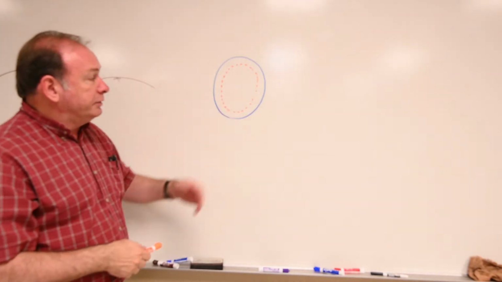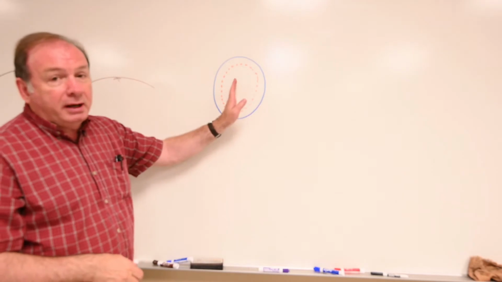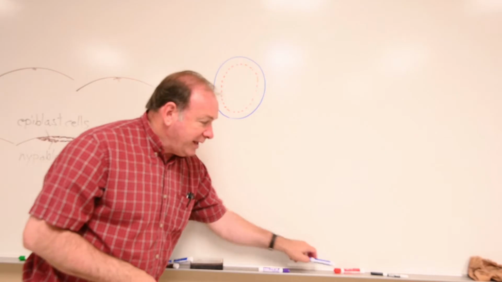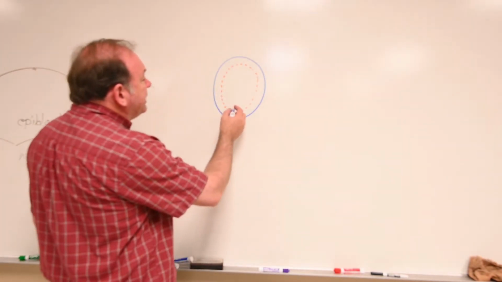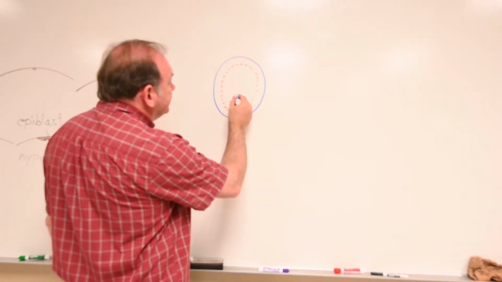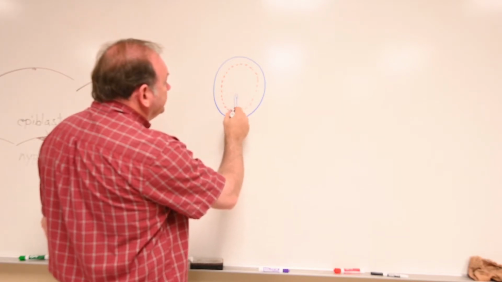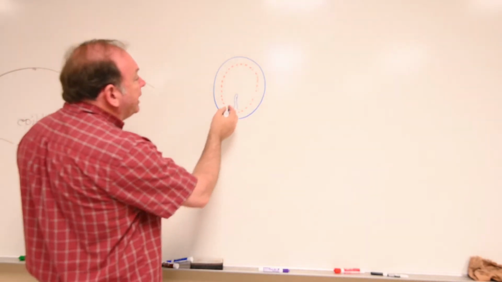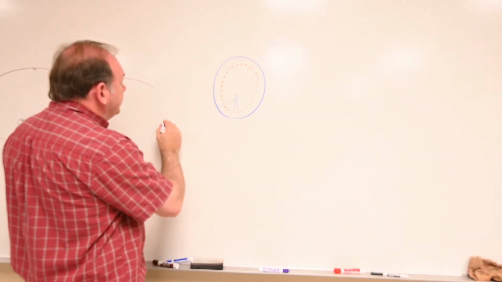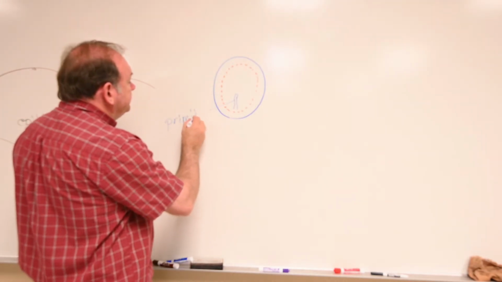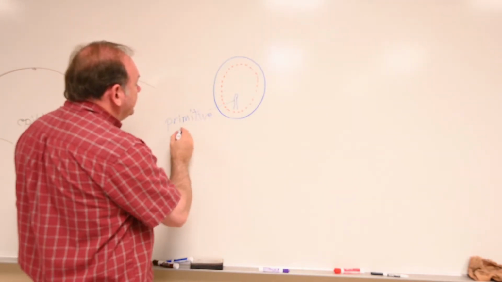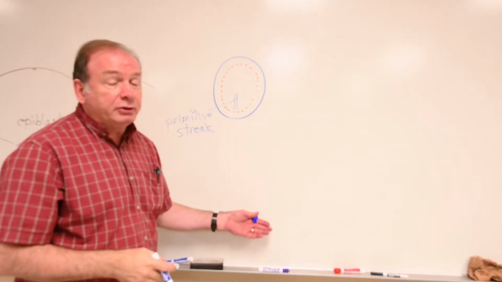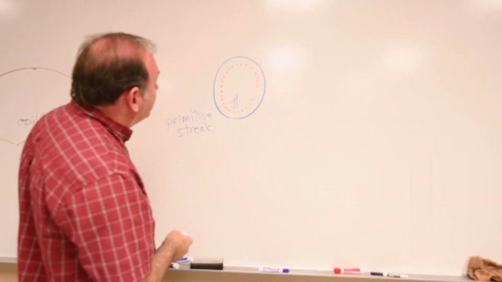In this upper layer of cells of the blastodisc, we're going to have a thickening of cells begin at the posterior end of this and extend forward. So it's just pretty short to begin with. This is the beginning of what we call the primitive streak. You didn't have a primitive streak in a frog or an amphioxus embryo.